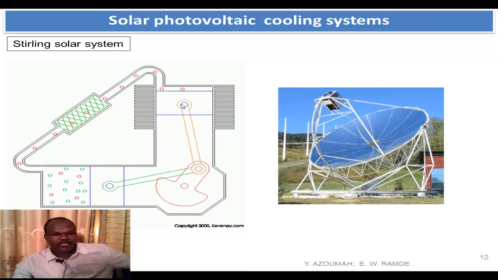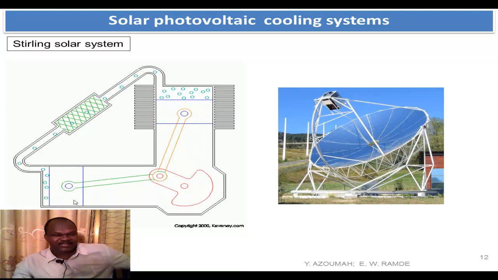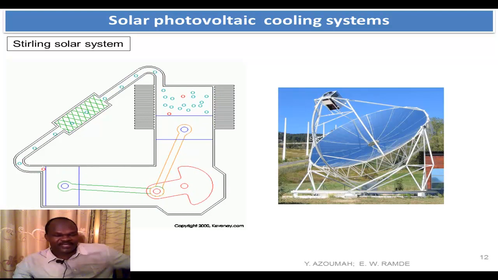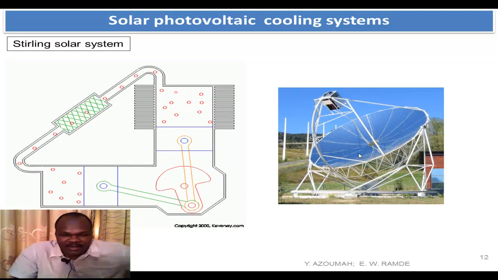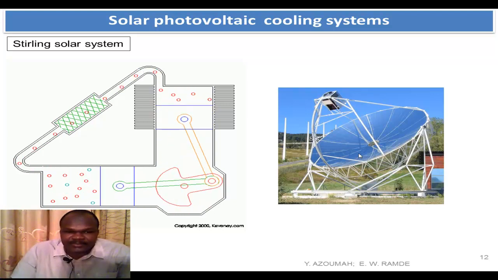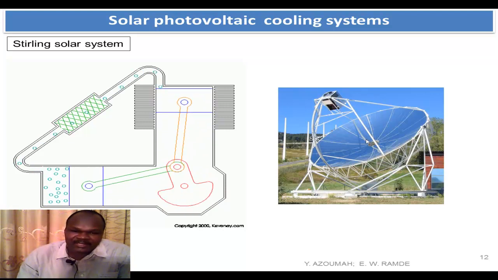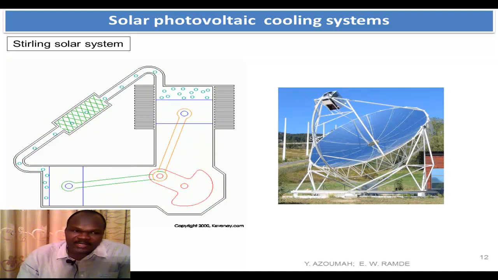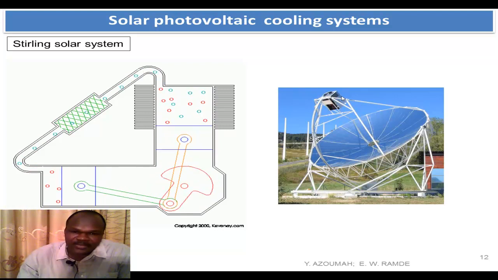So this type of engine, as I said, the source of heat could be solar, and the image on the right hand side shows a solar dish reflecting the sun's energy to a Stirling system, okay.